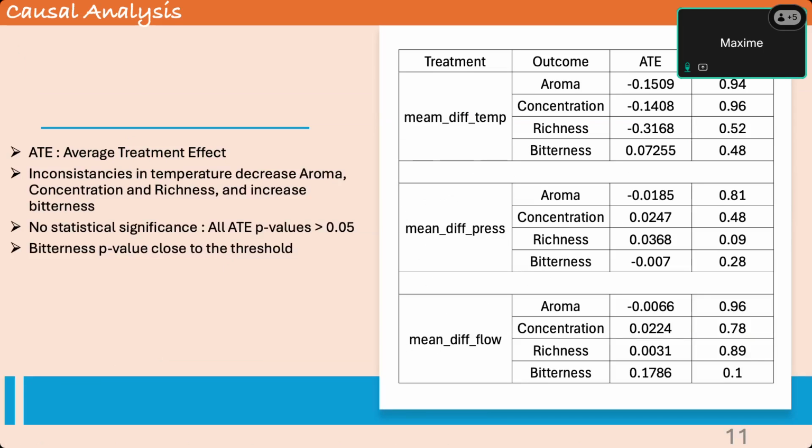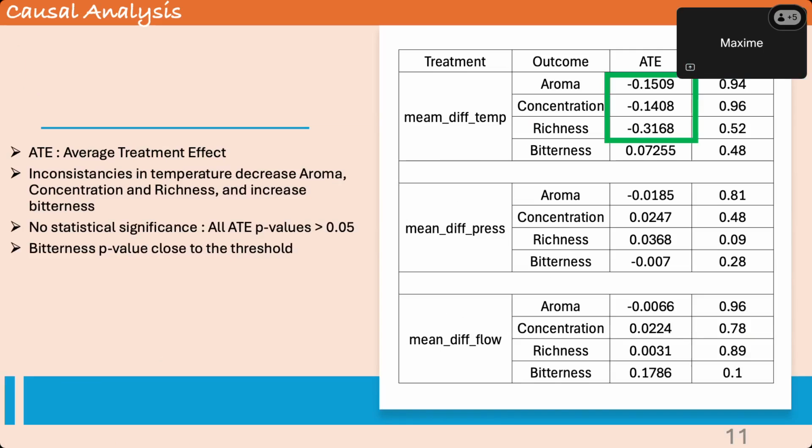The causal analysis gives us the ATE of each treatment and feature. ATE stands for average treatment effect, which is the effect that our treatments have on the outcome.